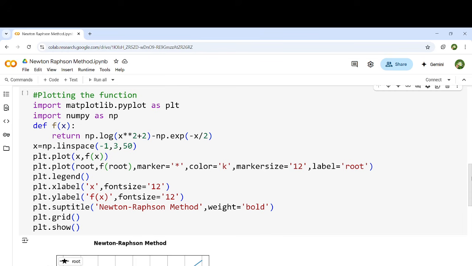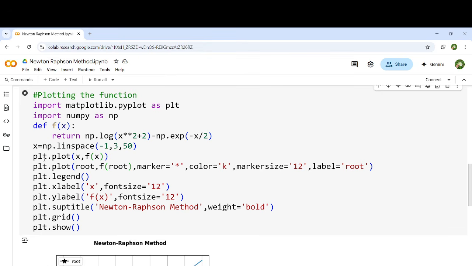So here I wrote that x equals np.linspace. Linspace means line space. This is a function within numpy. This is the initial value, that is -1, and this is the final value, that is 3, and 50 is the number of points that I have set.